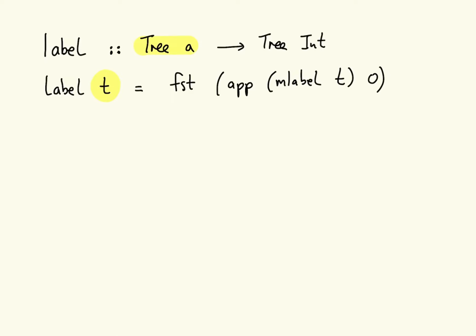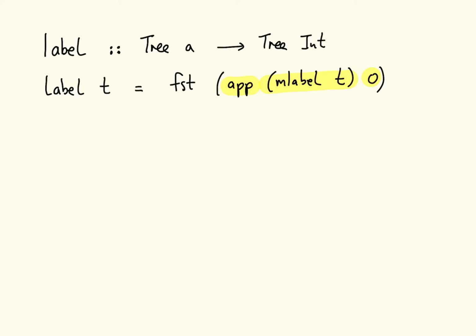And we want to relabel it so that every leaf has a fresh integer. What we're going to do is apply our monadic labeling function to that tree, and give it as an input the state 0. That's going to be the first fresh label. So we're just applying the monadic labeling function to the initial state 0.